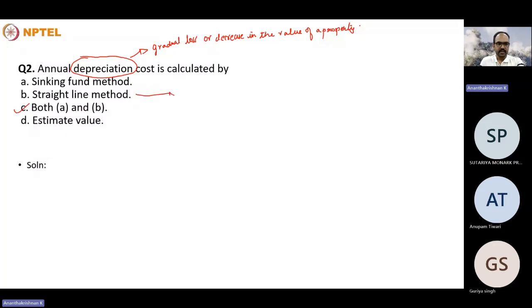Straight line method is very straightforward. You assume that the value of the asset will be decreasing by the same quantity every year until the end of its life. That's why you expect the total value to go down in a straight line manner. The value decreases by the same amount every year.